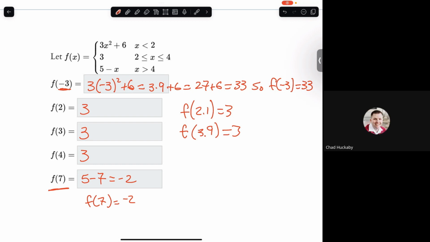Okay, let me see if I can. Probably going to have to switch screen sharing here. Go back to my computer. Let's see. Assignments. 3 point 1.